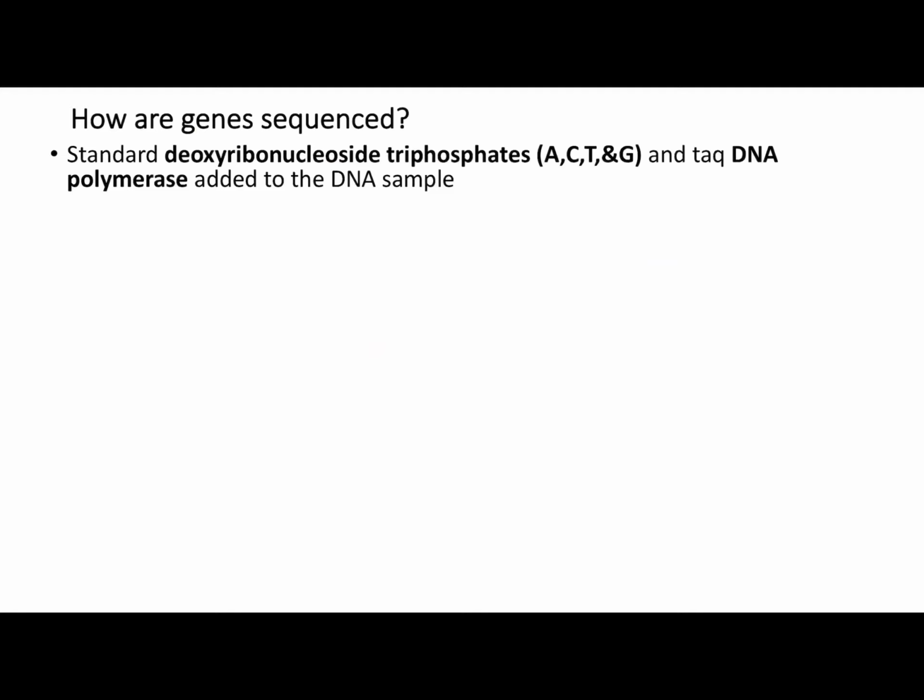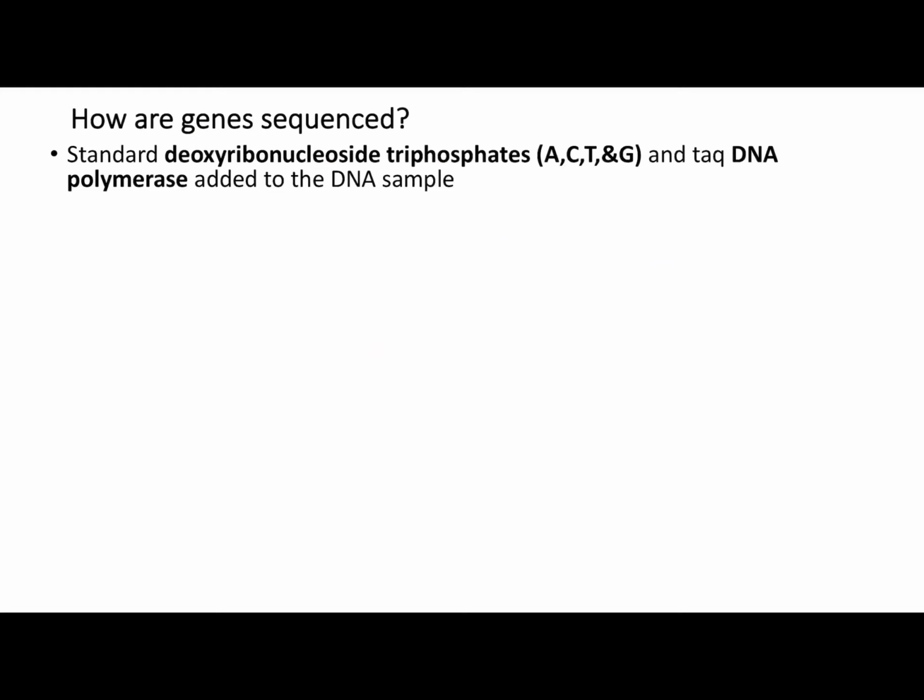I'm going to give some summary notes here and just go through it. So we add standard deoxyribonucleotide triphosphates, which are normal nucleotides with that OH group, and Taq polymerase to the DNA sample. And also you saw from the animation that you would add a primer. You just add the primer for one strand because you don't need to sequence both strands at once, because obviously one will be the complement.